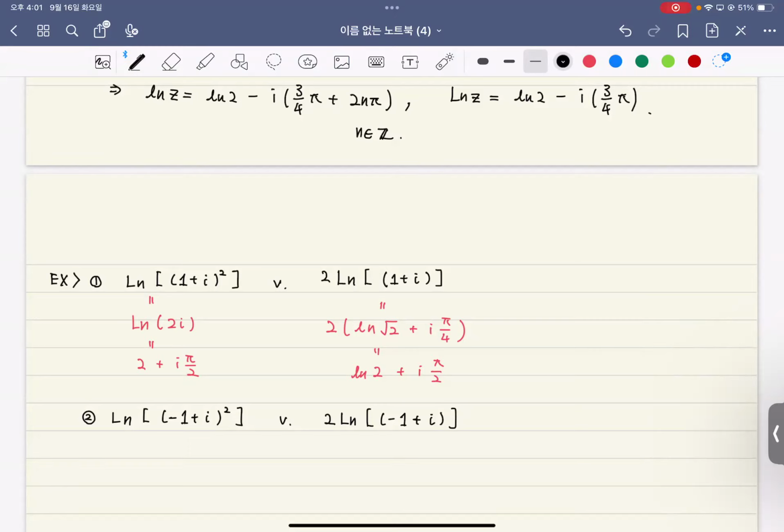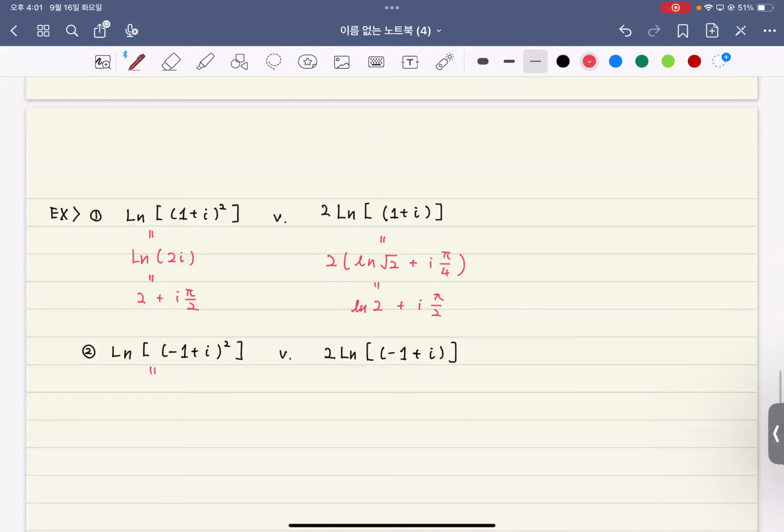Well, as always, let me figure this out. So capital Ln of, this time around, this is minus 2i, right? Oh, sorry, I forgot to put the natural log. I'm sorry about this. The modulus of this complex number is clearly 2.